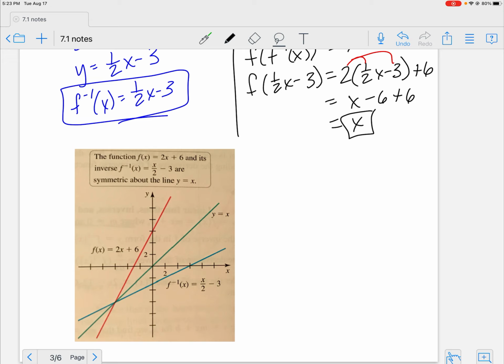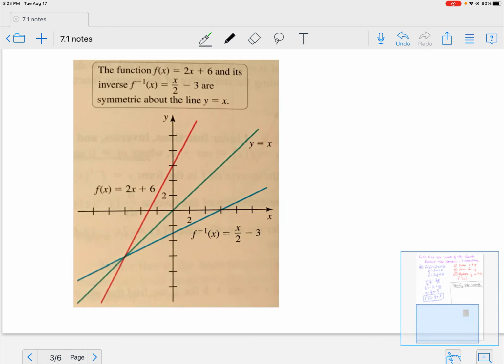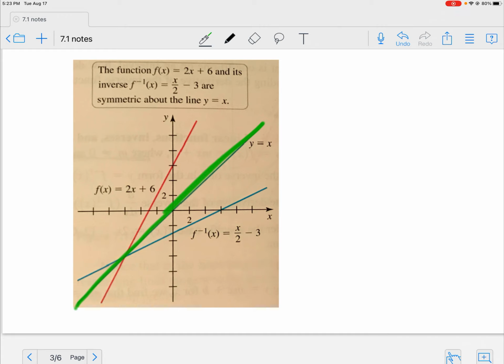The other thing that you need to be able to do is look at the graph. Can you look at the graph to determine that this is an inverse? Well, check it out. You've got this line, greeny here. This is your y equals x line. Inverse functions when you swap those x's and y's. So red is my original function. When I swap those x's and y's, then this is where it comes out.